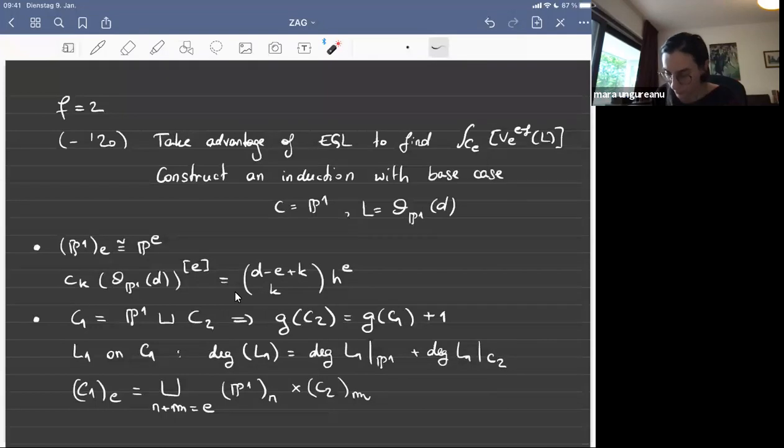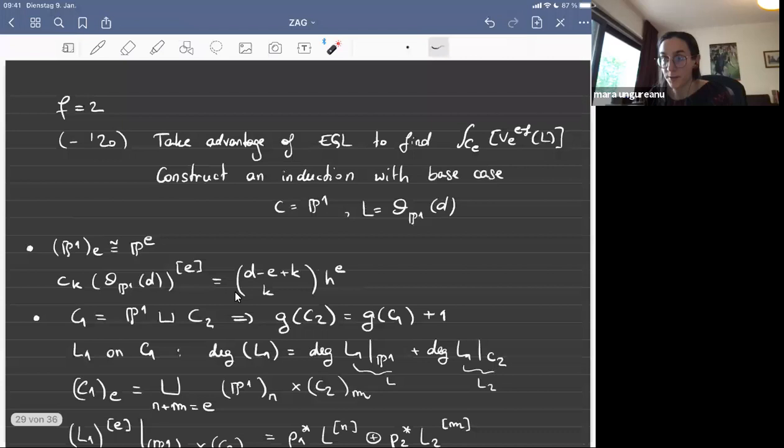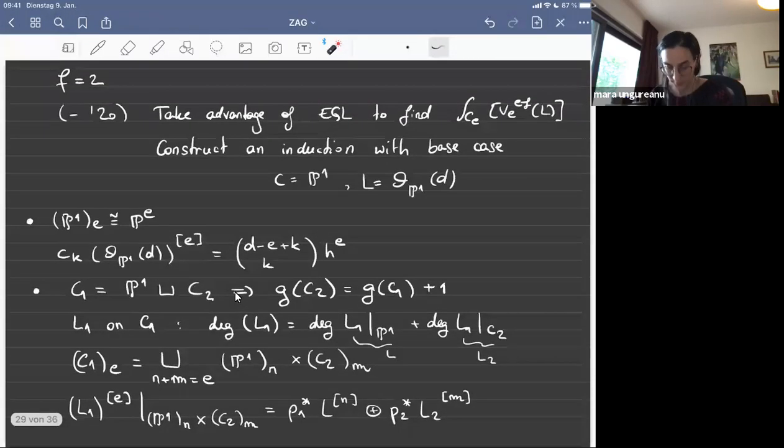This is also a disjoint union of these kinds of products. And I also need to understand what the tautological version of L1 is going to be, especially restricted to all of these components. But that is also not too hard to see.